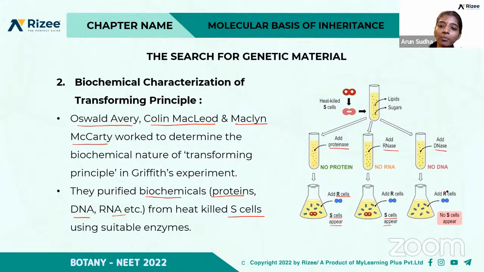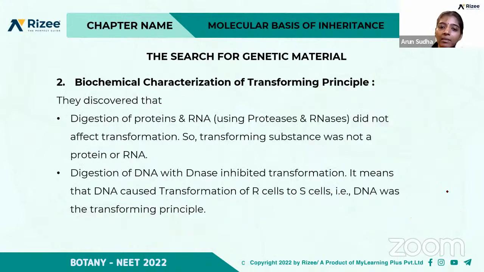So what is the basic principle behind this? They discovered that digestion of proteins and RNA using proteases and RNases did not affect transformation. The transformation was not affected in those test tubes, because the enzymes affect only the protein and the RNA. So the transforming substance was not a protein or an RNA.